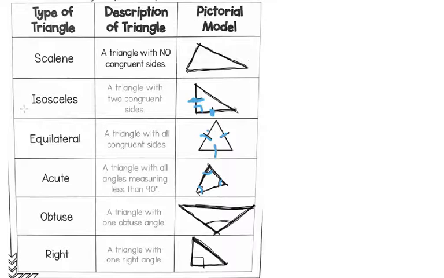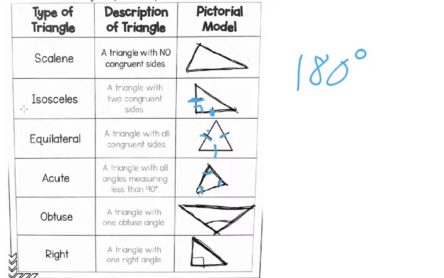An obtuse triangle means that one of the angles is going to be greater than 90 degrees. Only one of the angles in a triangle can be obtuse. Why is that? Take a second and think about that. Why can only one of the angles in a triangle be obtuse? I am hoping that you said because the angles in a triangle add up to 180 degrees, right?